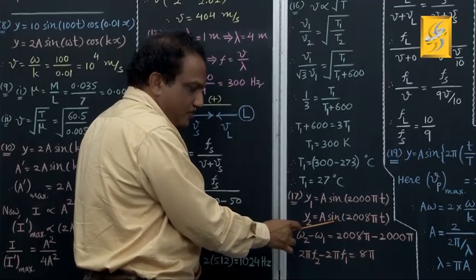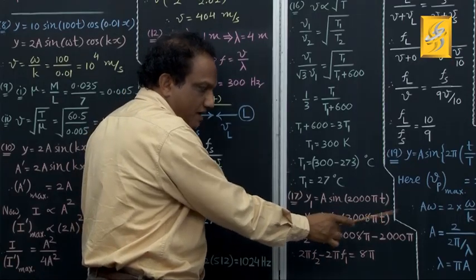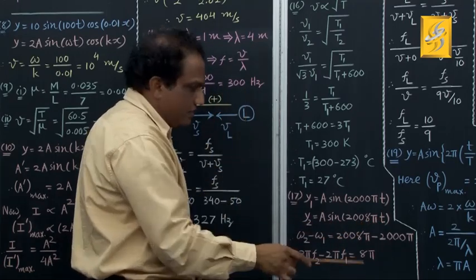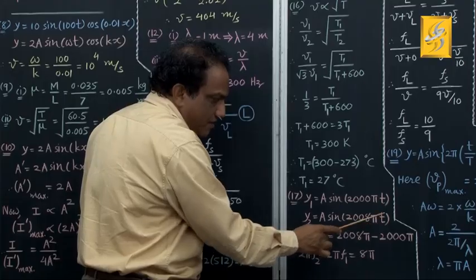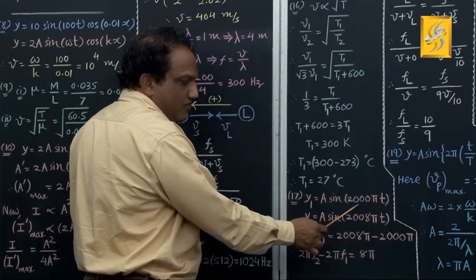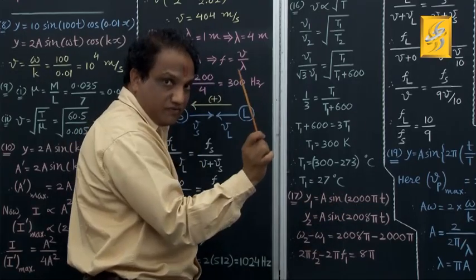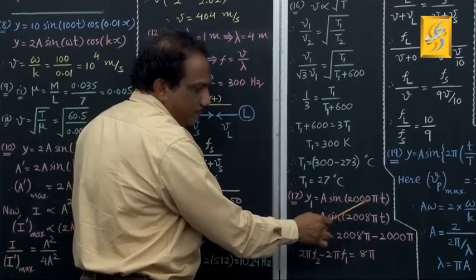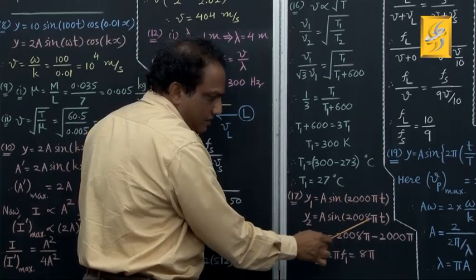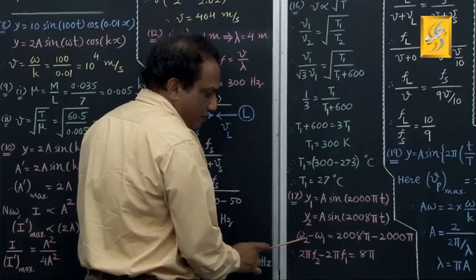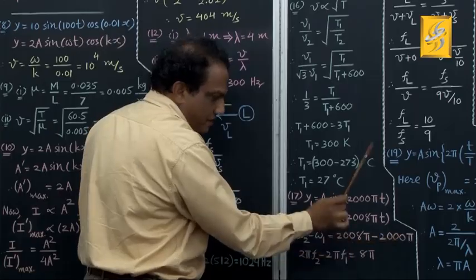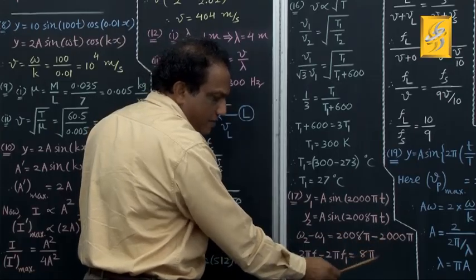Its coefficient of time will give you angular frequency. It is 2008 pi, so omega 2 is 2008 pi. Similarly, omega 1 you can find from the equation of the first wave: the coefficient of time gives angular frequency, which is 2000 pi. Omega 2 is 2008 pi minus omega 1 is 2000 pi. This subtraction comes out to 8 pi.